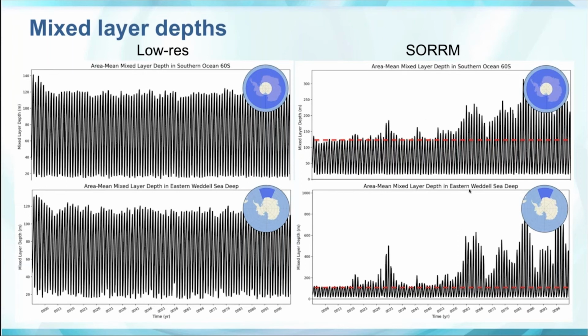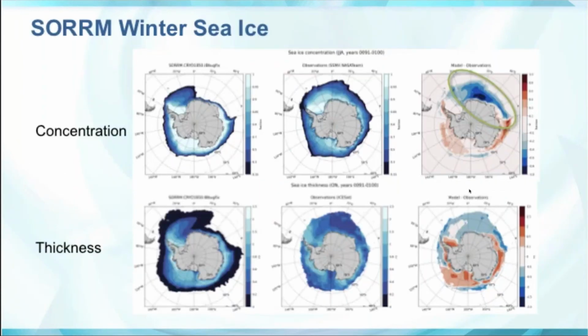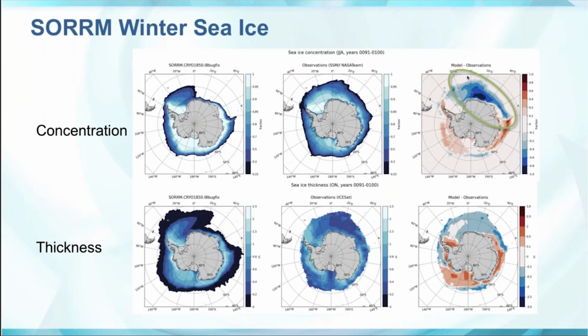So this is bringing all of this warm water at depth up to the surface, causing this very strong surface warm bias that then leads to essentially inability for sea ice to form in this area at all. So I'm showing, this is now only SORM, showing the sea ice concentration and thickness. And so we're essentially losing all of the sea ice in this sector.